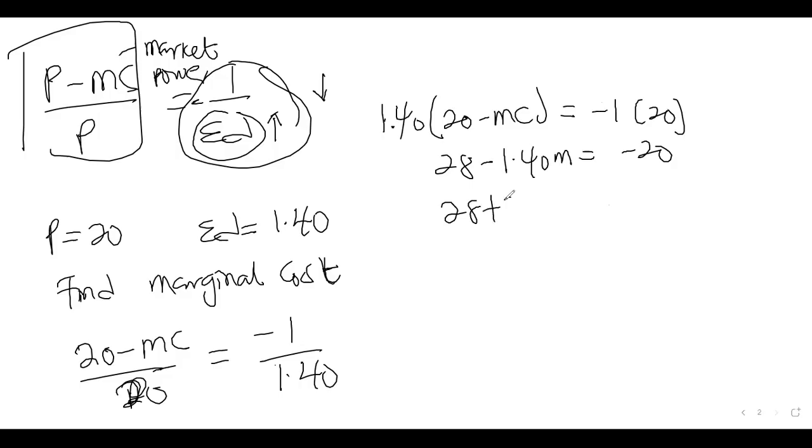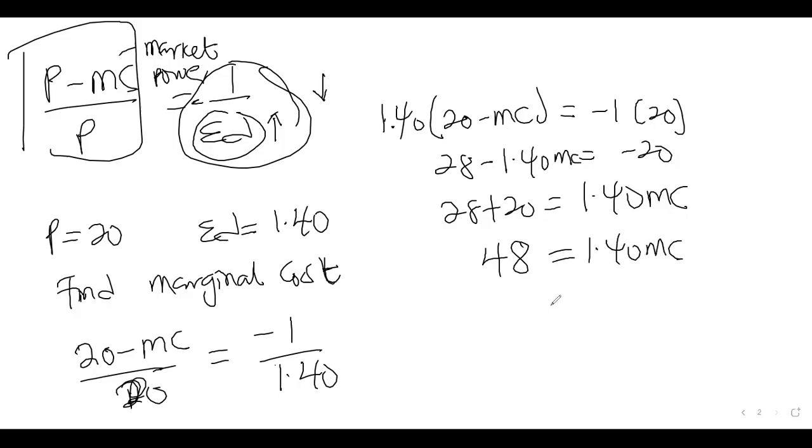So 28 plus 20 is equal to 1.40 marginal cost. Okay. So 28 plus 20, that would be 48, is equal to 1.40 marginal cost. If you divide both sides by 1.40, then if you divide 48 by 1.40, the marginal cost is going to be 34.29 approximately. All right. So we could give you this element and you can be asked to find the marginal cost. We should note that.